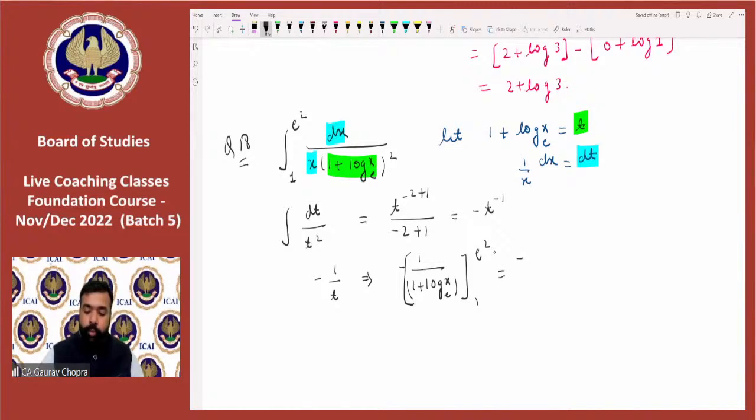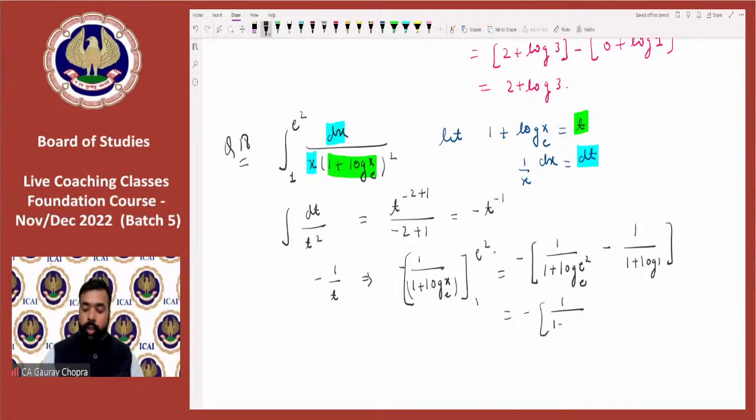So let's apply the formula. Minus is outside. 1 divided by 1 plus log e square base e, minus 1 upon 1 plus log 1. Now log e base e is there, 2 will jump forward.